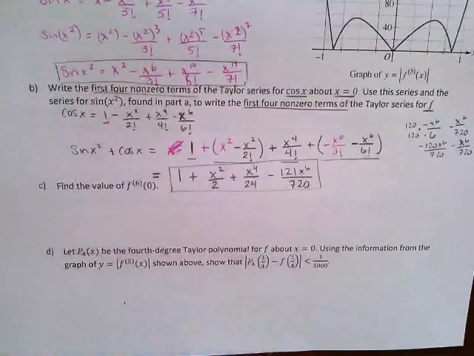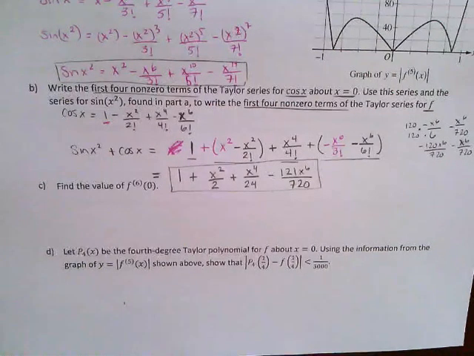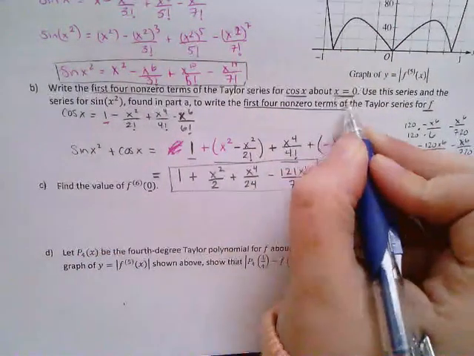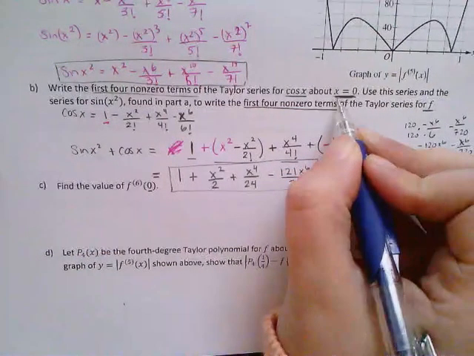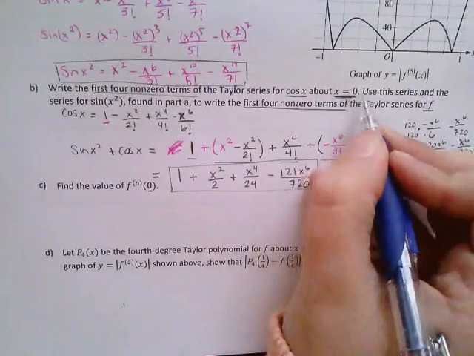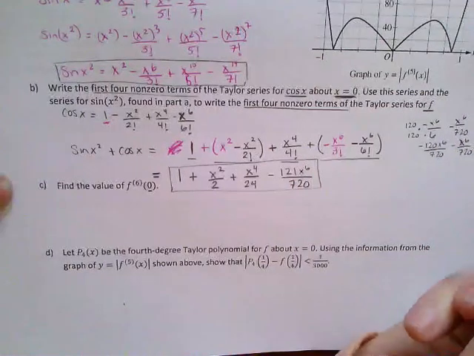Alright, our next part C says, now find the value of f sixth derivative of 0. Now the reason it's 0 is, if you remember, we are focused on x equals 0. So it's the Maclaurin series at 0.